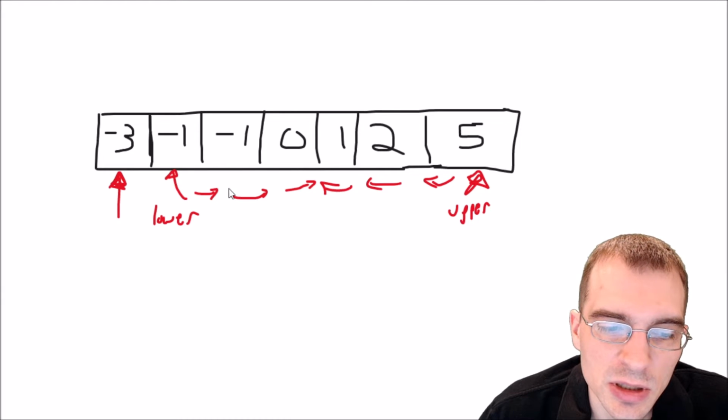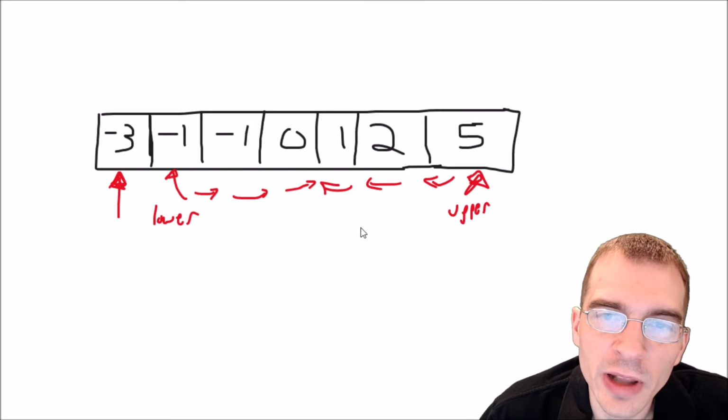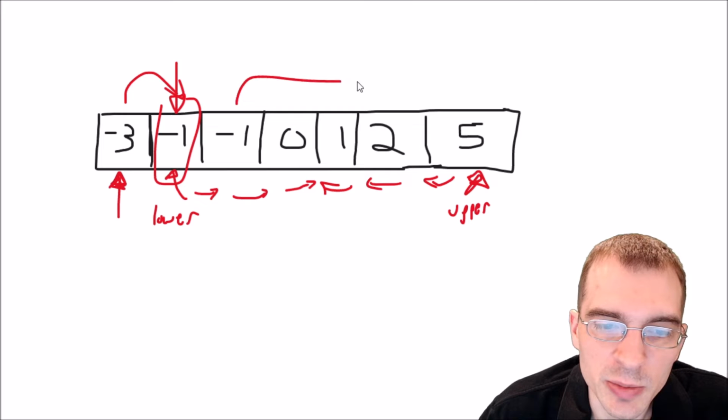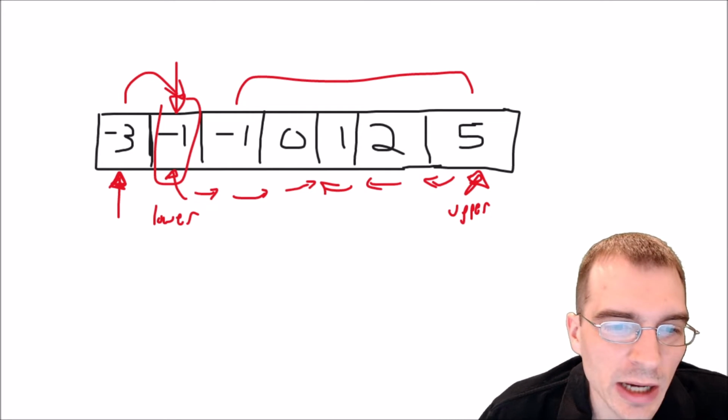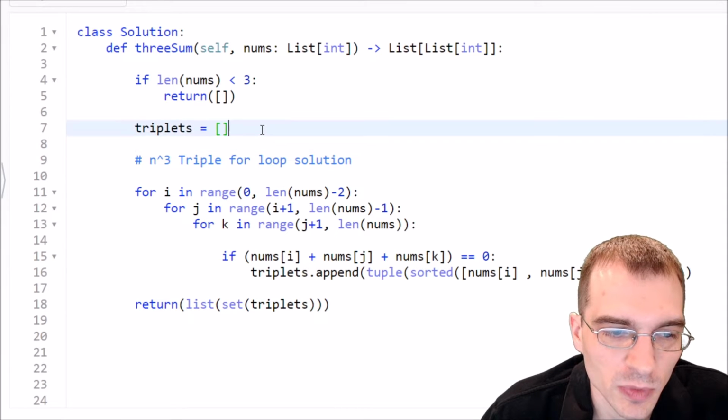But once the two pointers are the same or overlap, then we can break out, and then we would go on to the next outer loop where we're fixing this new starting point here, and then the inner loop would then only be dealing with that. So let's pull back to our code editor and see how we can go about coding this up.